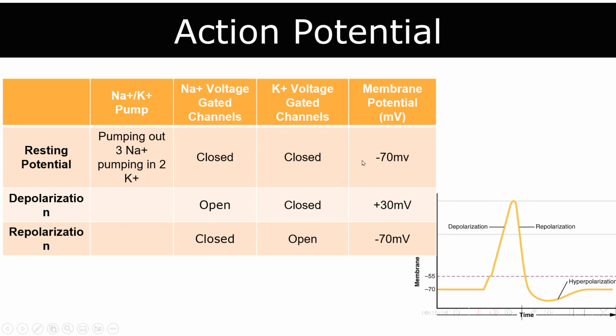You have that negative 70 millivolts resting membrane potential, and at this point the sodium and potassium voltage gated channels are closed. During depolarization, the sodium voltage gated channels are going to open while the potassium remains closed. When we're ready to reset, it flips. The voltage gated channels for potassium are open and the sodium is closed.